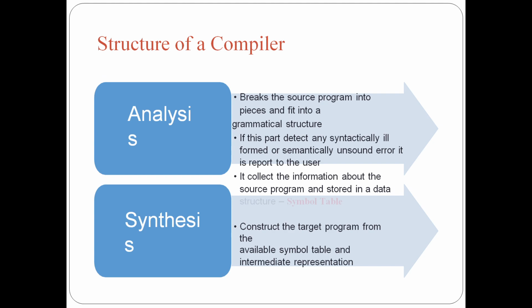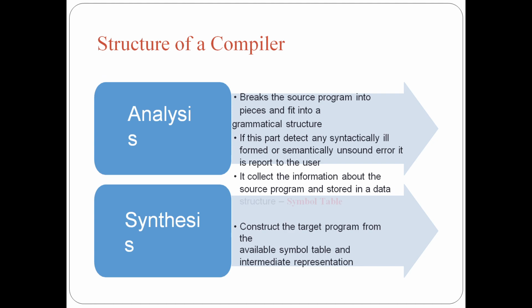What is meant by the analysis phase? The role of the analysis phase is that it breaks the source program into pieces and fits them into the grammatical structure. For example, take an expression like initial equal to position plus rate star 60. Assume that this is an entire source program. The analysis phase will break the source program into pieces.